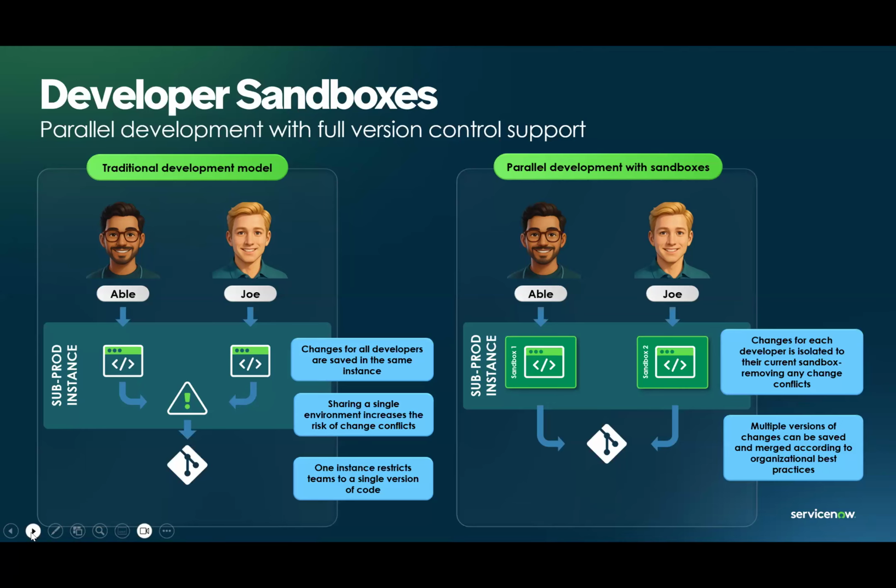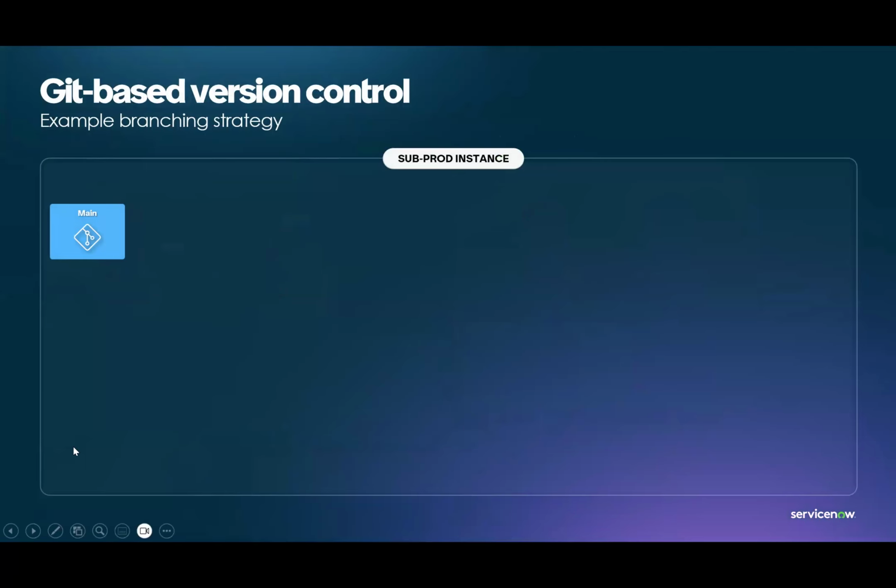So as an example, let's see how all of this might fit together from an agile development perspective. Right, so we have a subprod instance, and the subprod instance has this main branch that's really the branch of record, right?